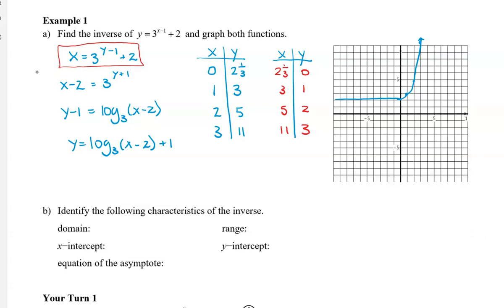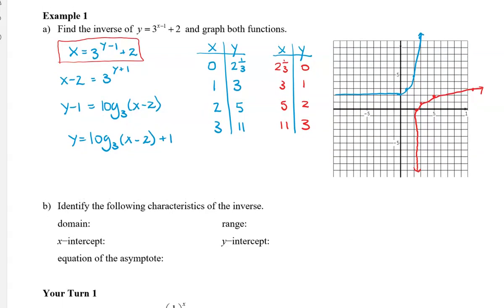Let's plot these points as well. And then let's graph, and again, try not to cross the asymptote.